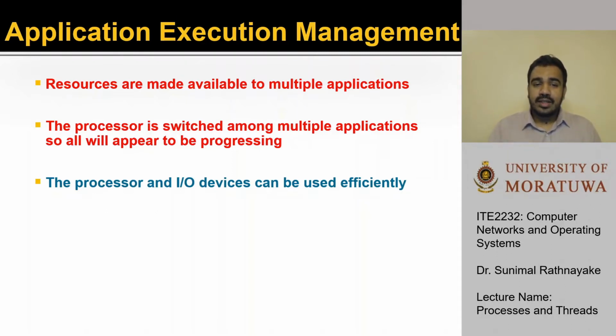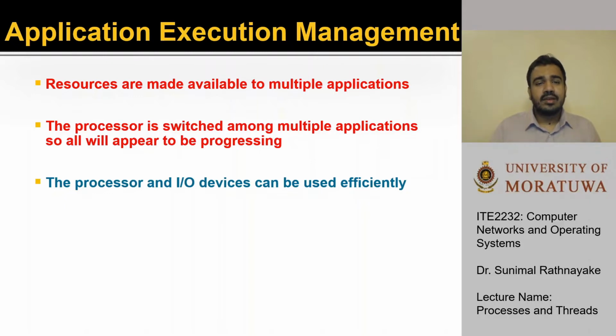The processor is switched among multiple applications so that as users, we will see that they are smoothly working in the system. What actually happens is they take turns taking the control of the processor.